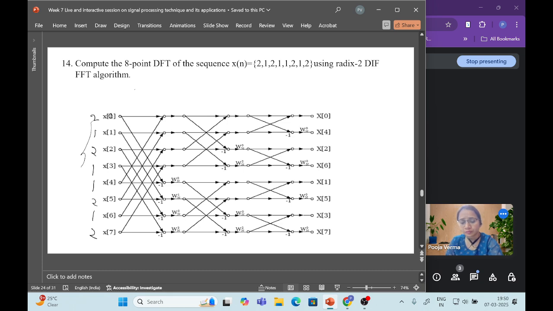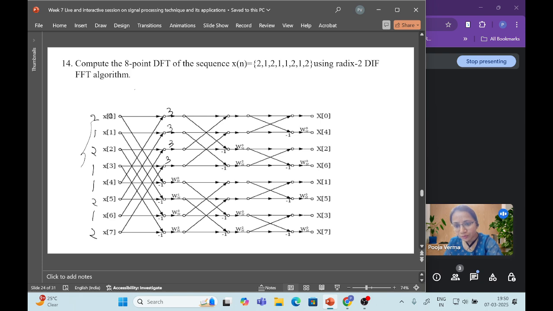Okay. So here simple, it is an addition. So 2 plus 1, it is 3, right? Here it is 1 and here it is 2. So again it is 3. Similarly, you will get 3, 3 and here you will get, just a minute.